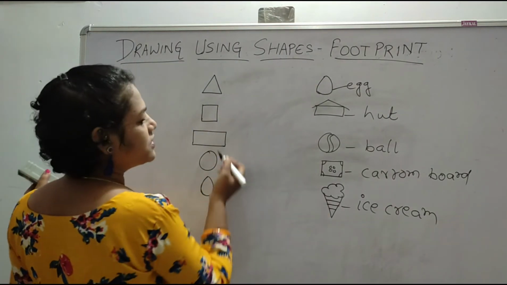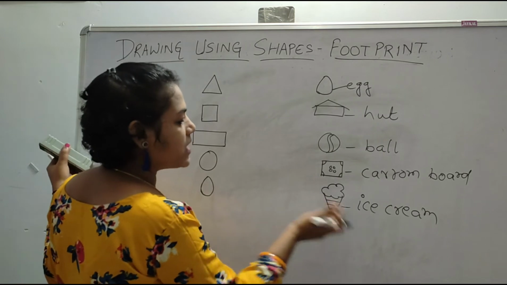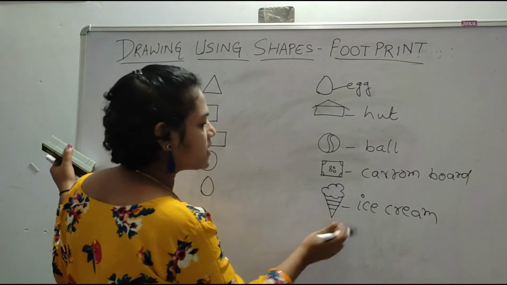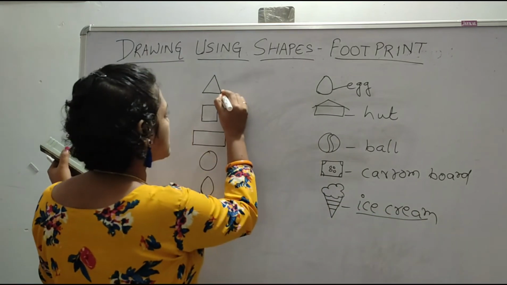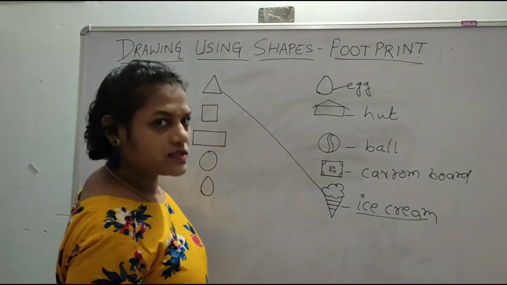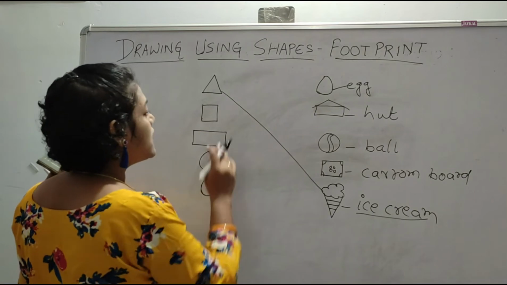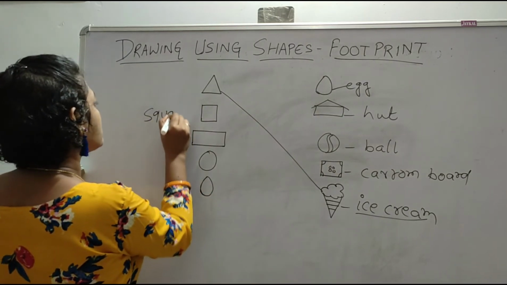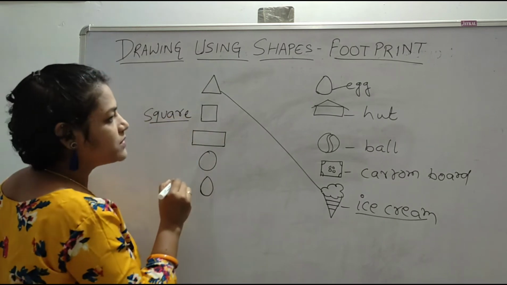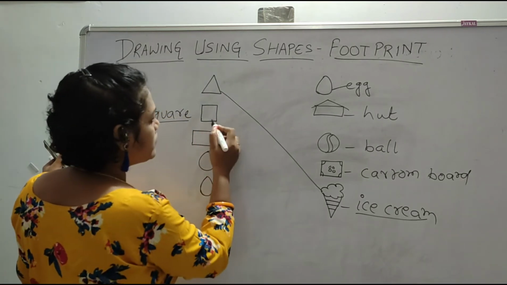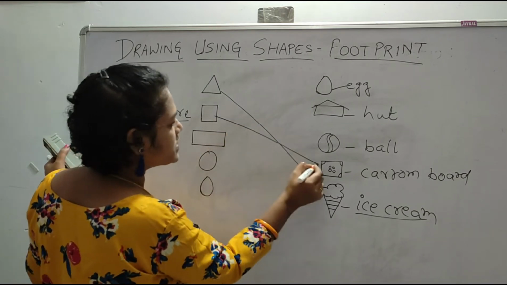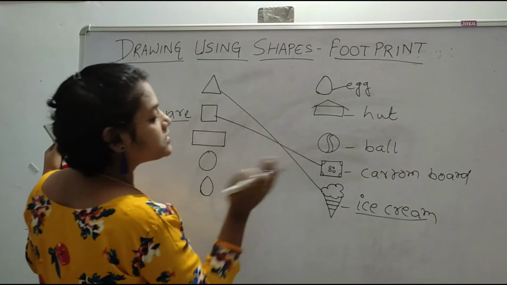So triangle. If you ask your kid how to recognize this triangle, through this ice cream he can say yes, this is a triangle. Next is my square shape. With this square shape I can match the carom board.